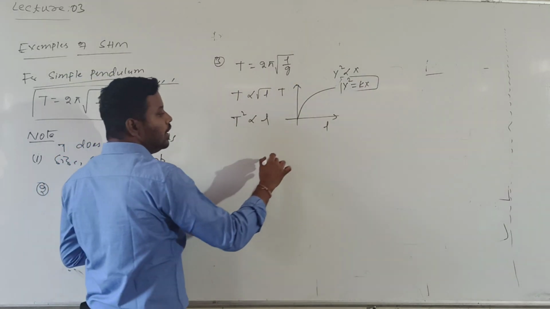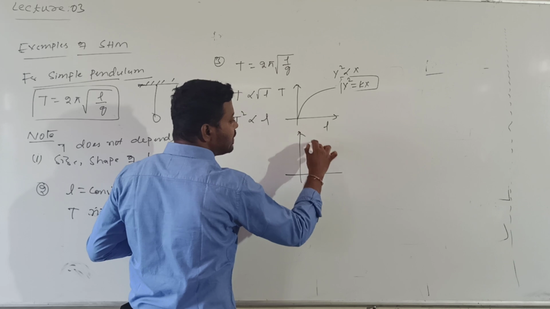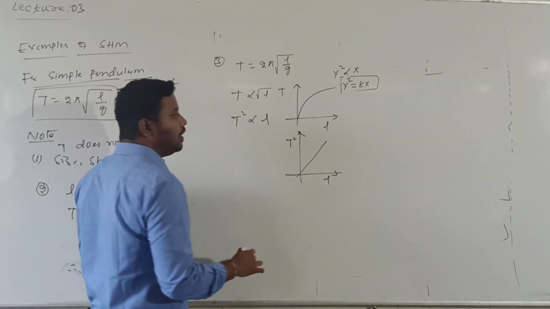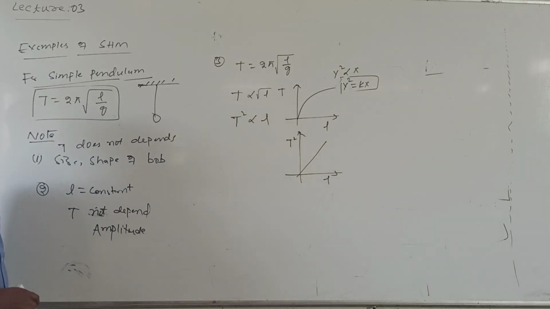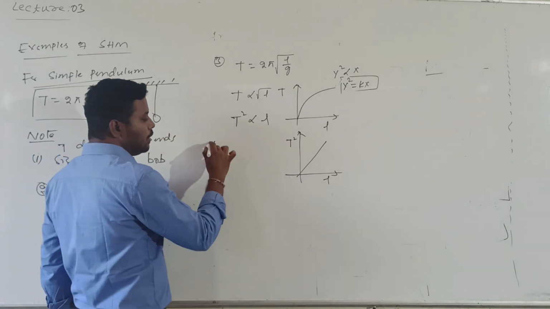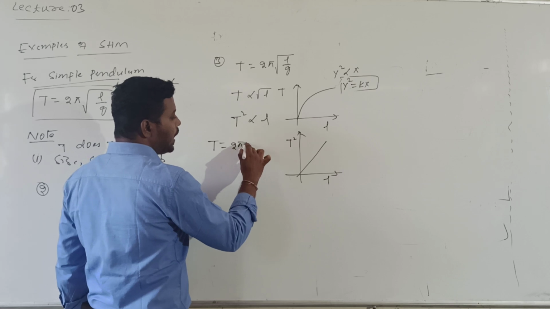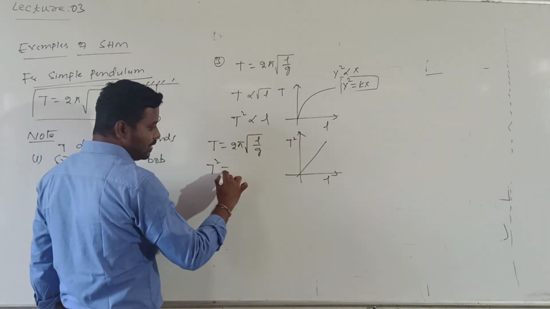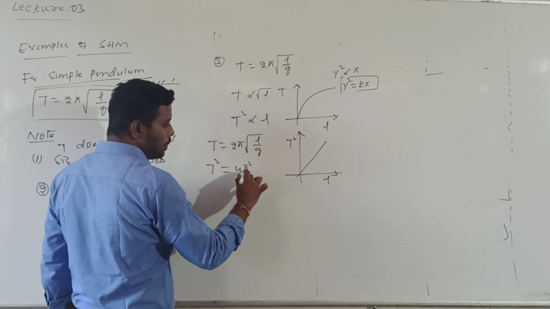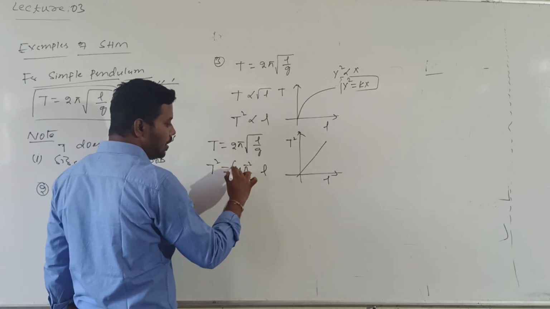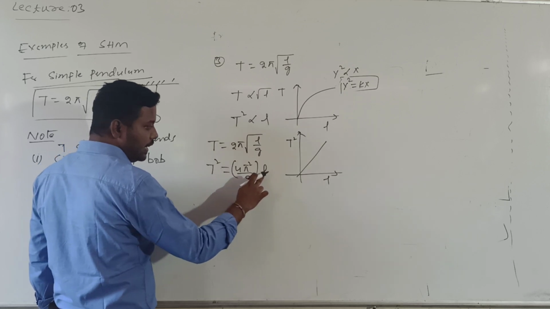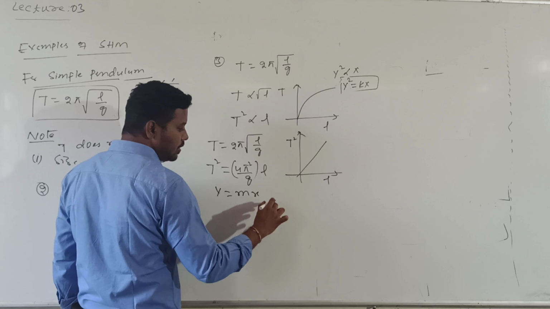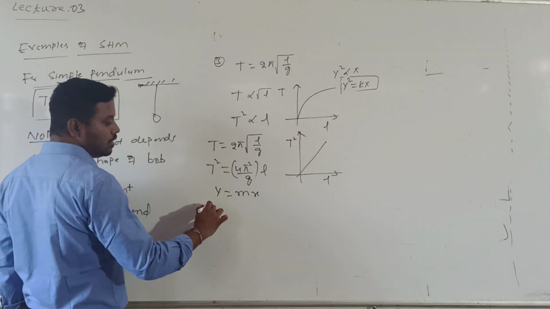And similarly, if I plot the graph between T square and L, since T square is proportional to L, the graph is a straight line passing through origin. So what is the formula for T? 2 pi into root over L divided by g. What is the value of T square? 4 pi square by g into L. If I plot the graph between T square and L, this is of the form y is equal to mx, a straight line passing through origin.